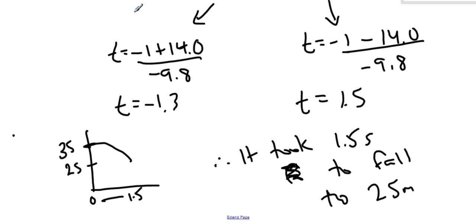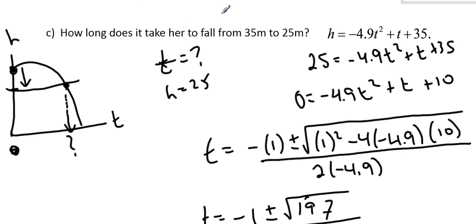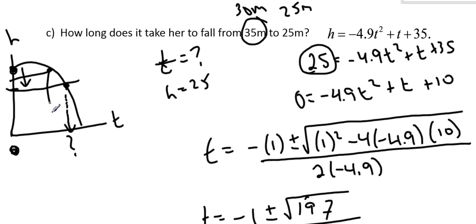If the question had not had 35 meters, let's say that this had said 30 meters to 25 meters, we would have to do this quadratic equation again, but having substituted 30 in here, subtracting it from both sides and using a slightly different quadratic in the quadratic formula, and then we would have gotten an answer, for example, from here to here and subtracted those.